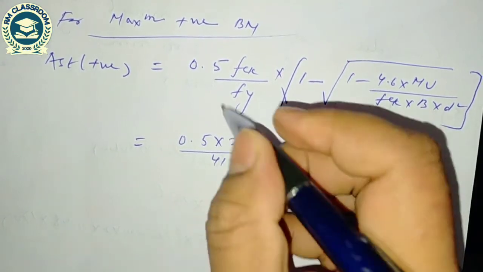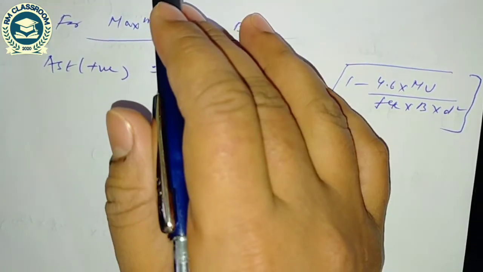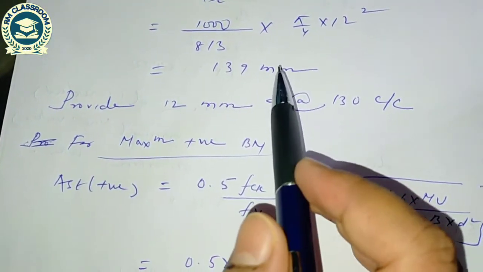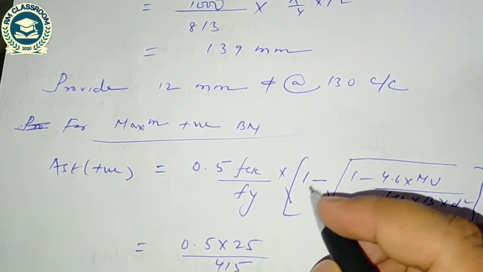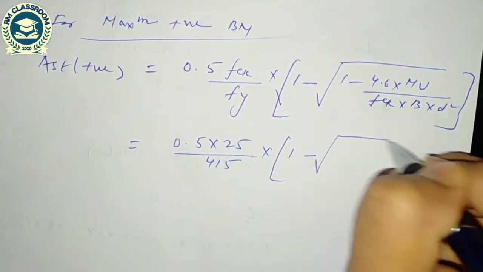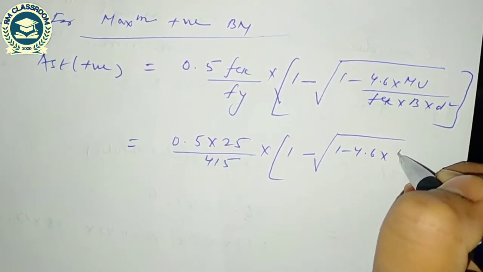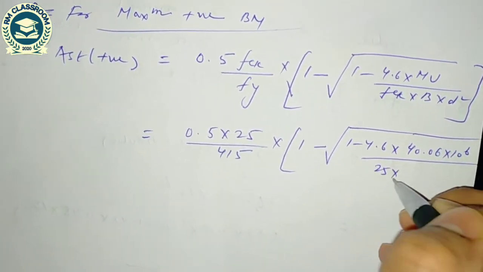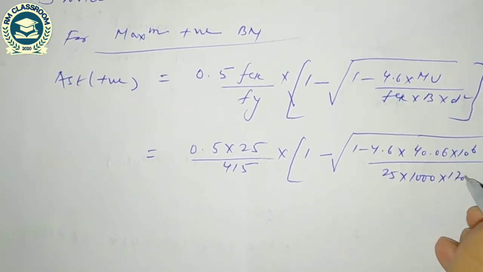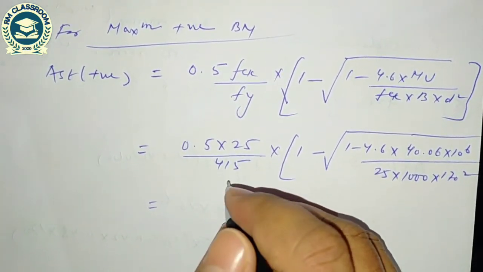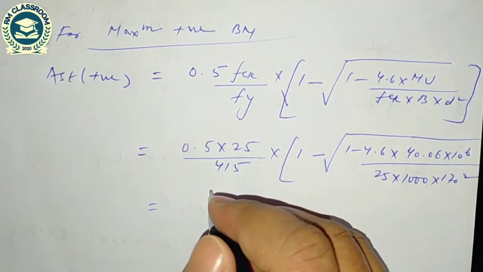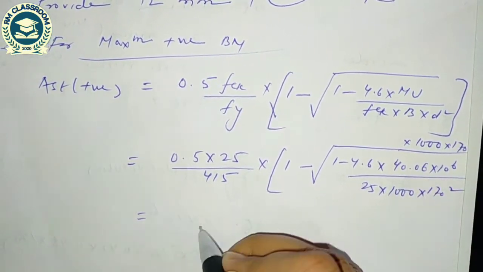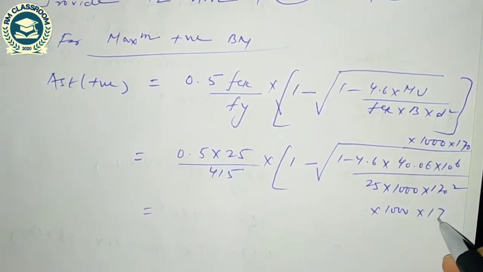So I have written these two formulas: AST from Mu limiting is 0.87 Fy AST (d minus 0.42 Xu limiting), or with the help of this we can compute. So 1 minus square root of 1 minus 4.6 into 40.06 into 10 to the power 6 divided by 25 into 1000 into 170 square, into 1000 into 170.